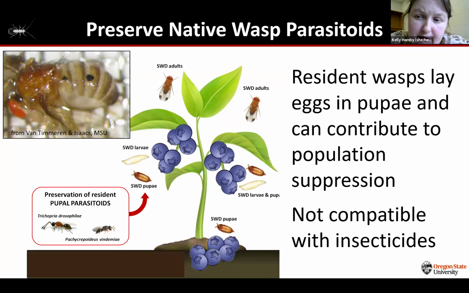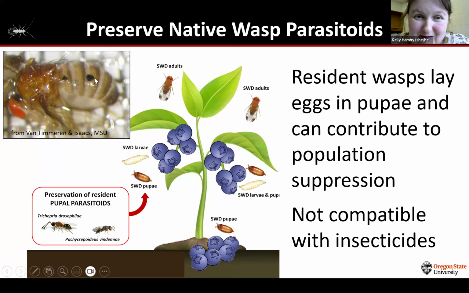Now, there is another kind of biological control: parasitoids. These are organisms that develop within and kill their host. There are multiple native wasps that develop within spotted-wing Drosophila. But with the resident wasps, the ones native to the United States, spotted-wing Drosophila actually has a really strong immune system. Here you can see these little black dots on the spotted-wing Drosophila.